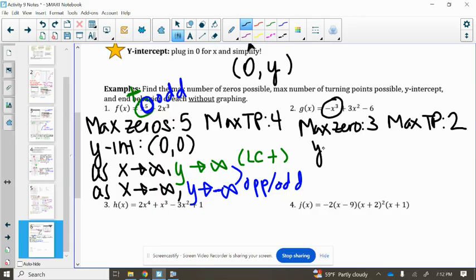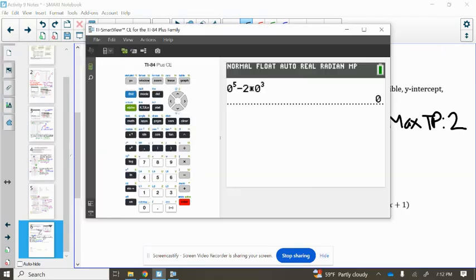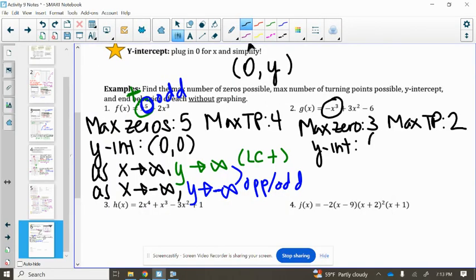Our y-intercept this time, if we plug in 0 for x, we'd have negative 0 to the third, plus 3 times 0 squared, minus 6, for an output value of negative 6. So you're going to notice when we're plugging in those zeros, they tend to cancel out. We're just left with that remaining piece, in this case, negative 6.